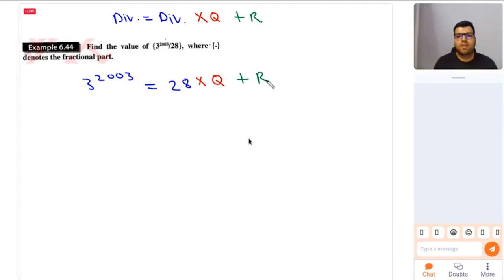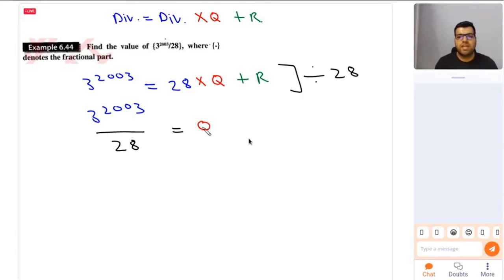Now divide this equation by 28. So this becomes 3 raised to power 2003 divided by 28 equal to Q, 28 will get cancelled, plus R by 28.